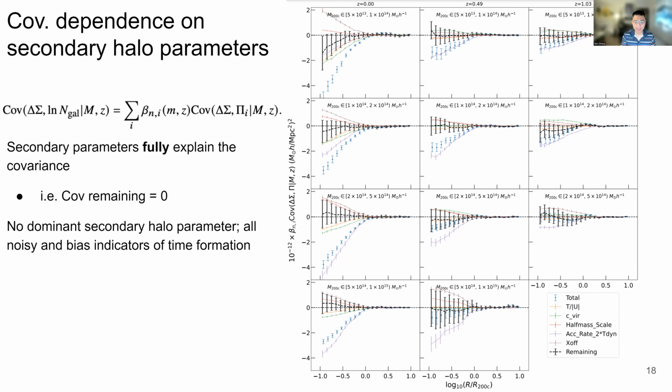We find that the black lines are all consistent with 0, meaning that this set of secondary parameters fully quantifies the physical origin of the covariance. We find that all secondary parameters contribute to the covariance, and hence there is no dominant secondary parameter to choose from, as all of them are noisy and biased indicators of the formation history of the cluster.